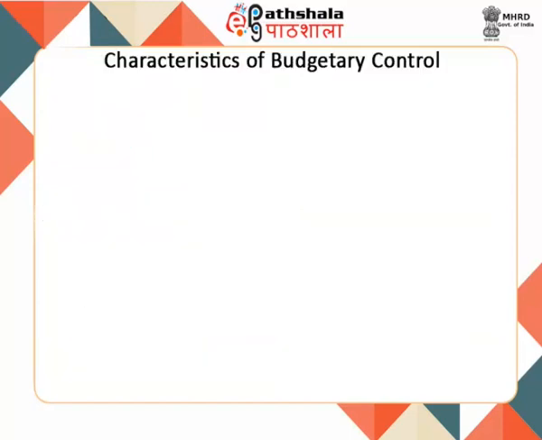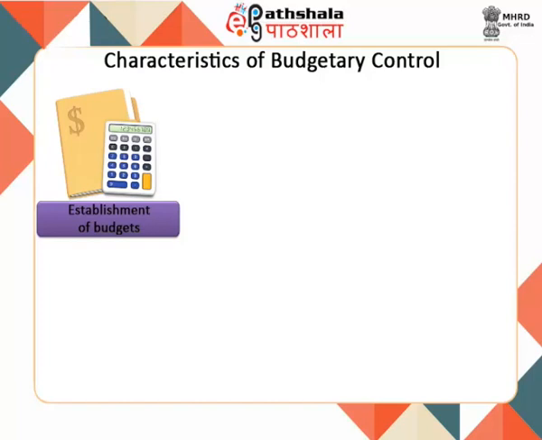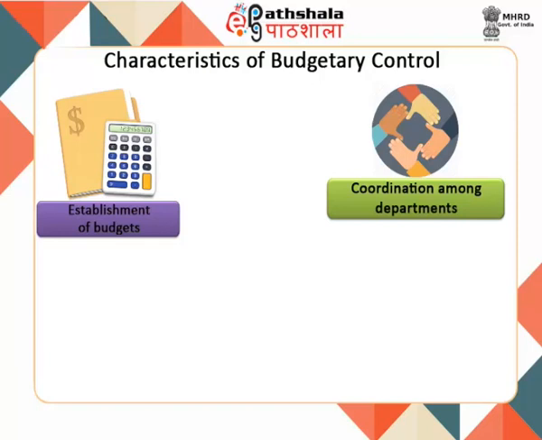A budgetary control system has the following characteristics. Number 1. Establishment of budgets. Budgets are prepared for each department and then they are presented to the management for approval. 2. Coordination among departments. The plans of various departments are coordinated and finally integrated into the master budget. 3.